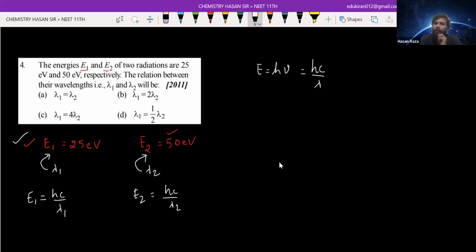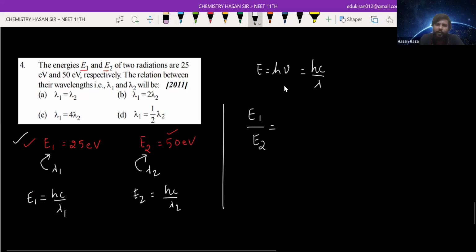Can I write this? Now since we need to establish a relation between lambda 1 and lambda 2, I'm going to write E1 upon E2. E1 is 25 and E2, just wait a minute. E1 we can write hc upon lambda 1 and this will be equal to hc upon lambda 2.